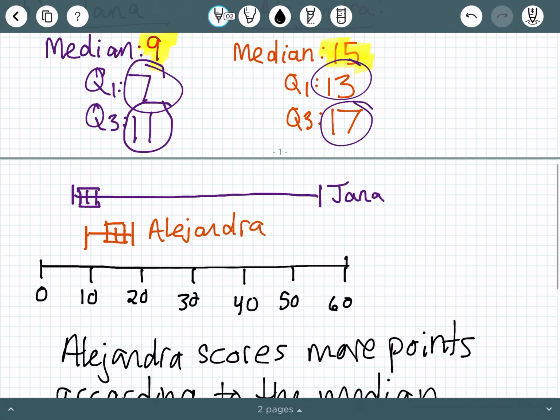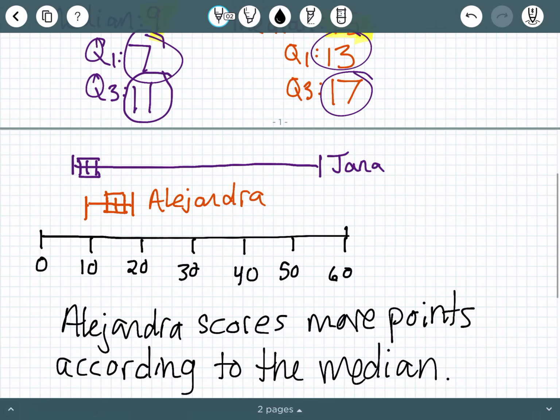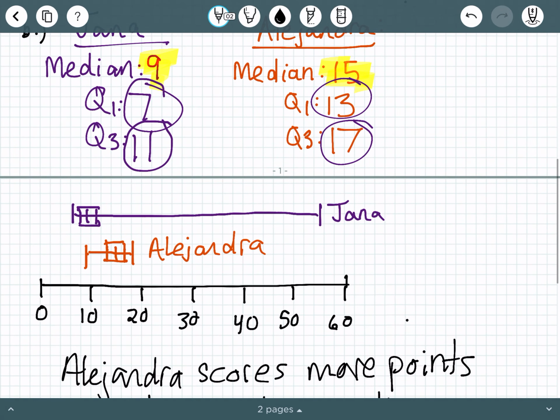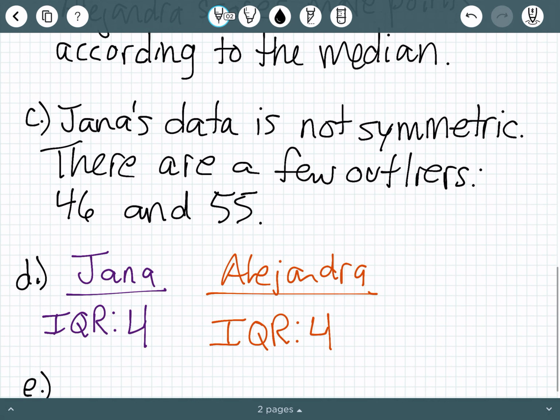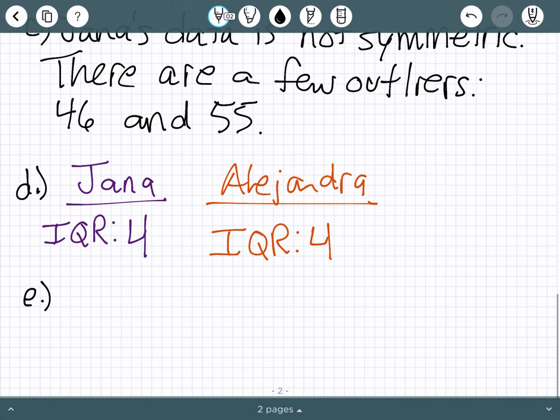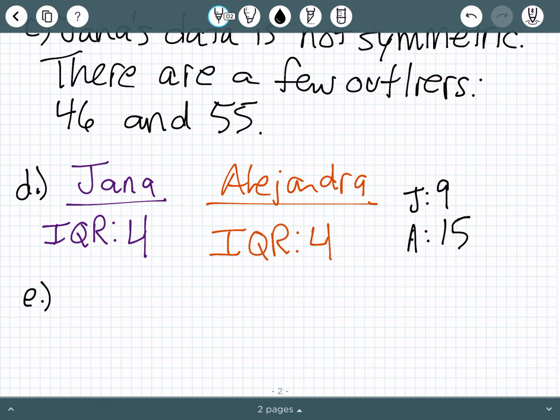So, let's see. Jana had her median, I'm going to write it over here. Jana's median was 9. Alejandra's was 15.